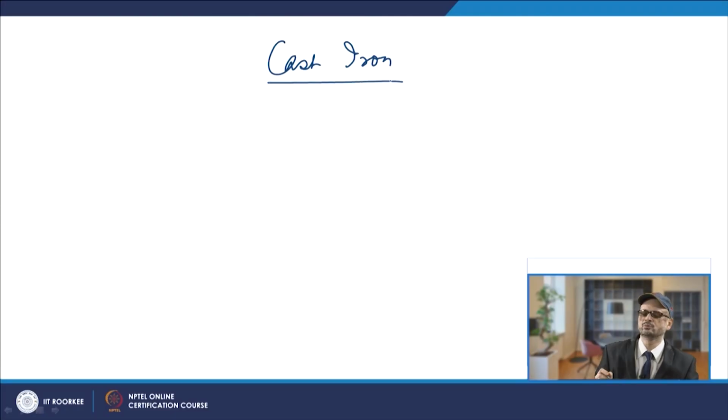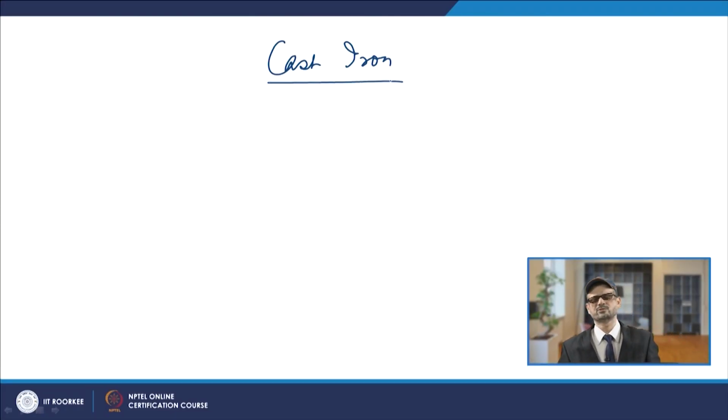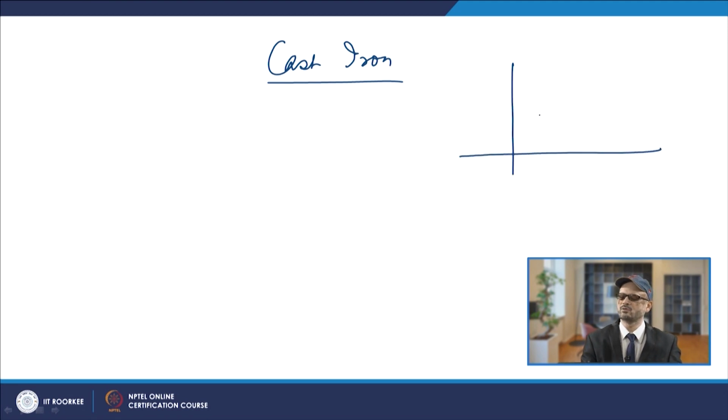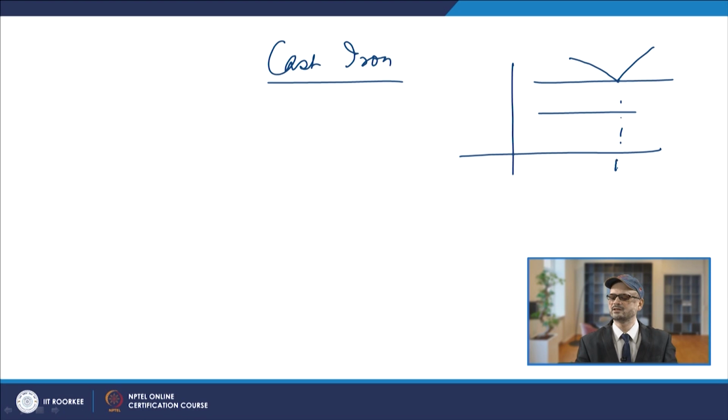If you come to cast iron, when you look at the phase diagram, you have the line at 1135 degrees centigrade. On this line you have the eutectic composition, that is 4.3% carbon.